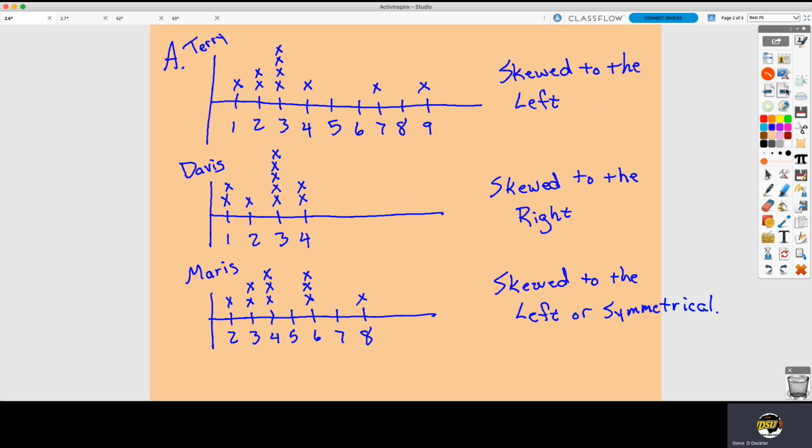So for Terry, we said the mean was 3.7 and the median was 3. All right, what do you notice? If both of those are basically right in here, what do you notice about the shape of the graph compared to both the median and the mean?